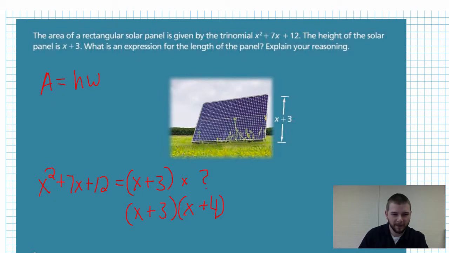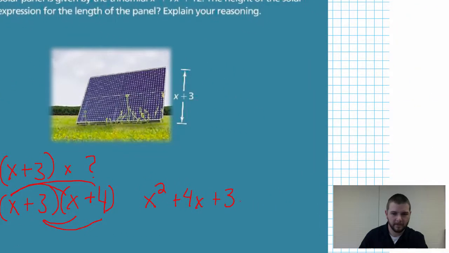Here we have two binomials, and when we FOIL those, we multiply first, outer, inner, and last terms to arrive at x squared plus 4x plus 3x plus 12.